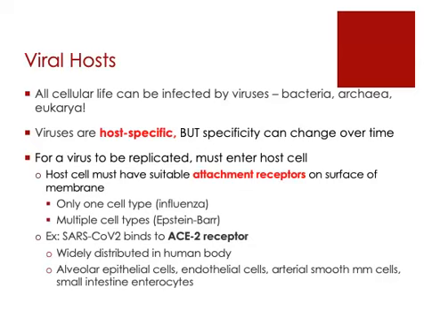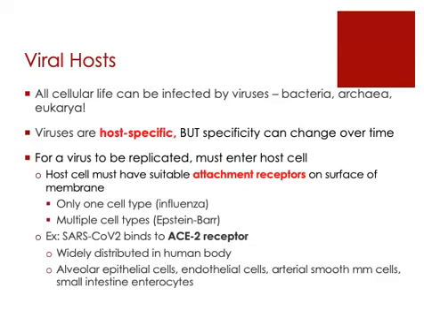In order for a virus to be replicated, in order for more of it to be made, it has to get into a host cell. And what that means is there has to be an attachment receptor on the surface of the membrane of the host cell.